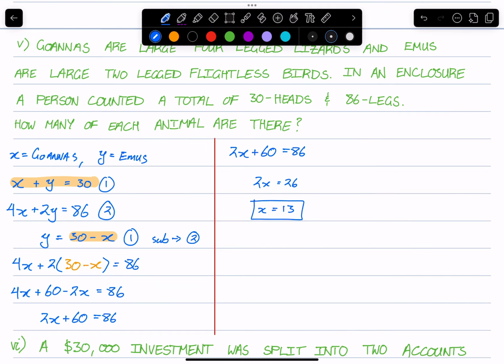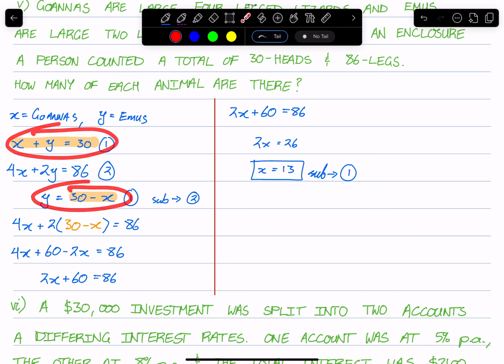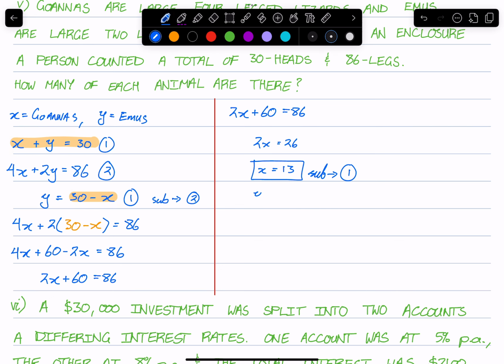So there are 13 goannas in this enclosure, which now I'm going to take this value and substitute once again into my equation 1. So this one here, or even this one here. So we go y equals 30 minus 13. Just making sure we're following.